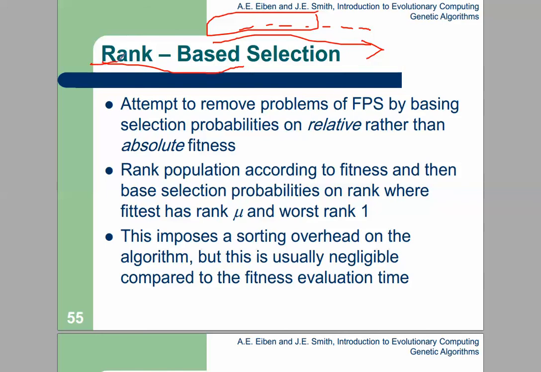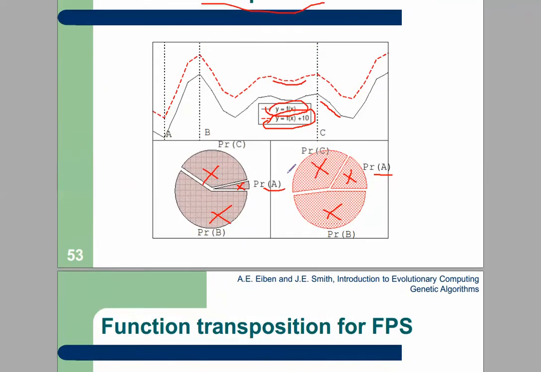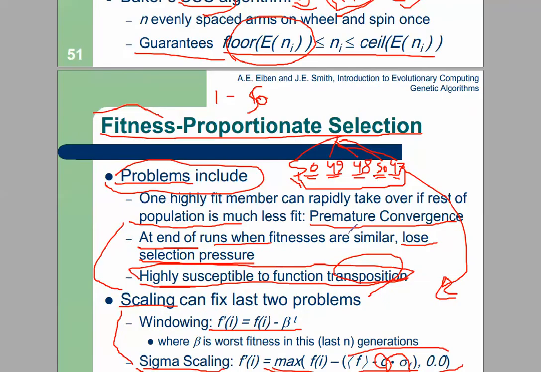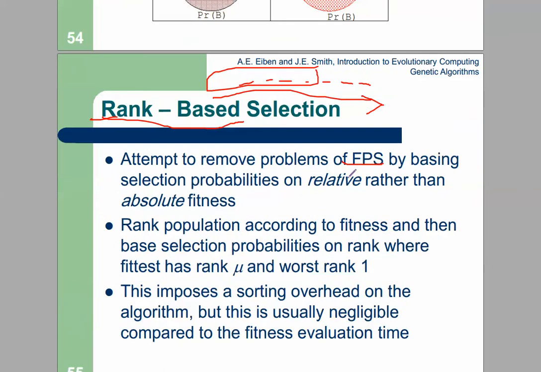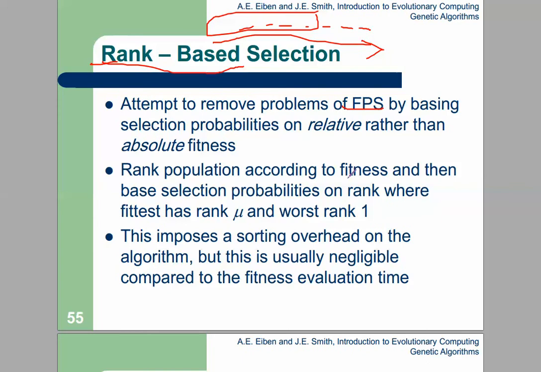Rank-based selection selects elements without any randomness, but in FPS or fitness proportionate selection, we select based on both random and fitness. When you use rank-based selection, you only use the fitness for selection.